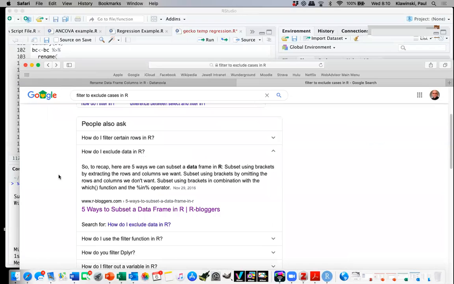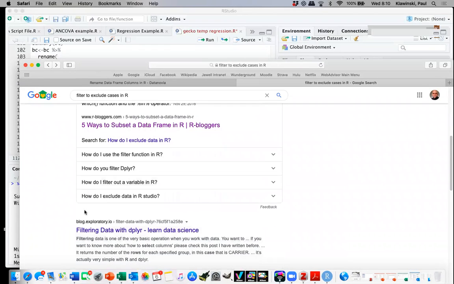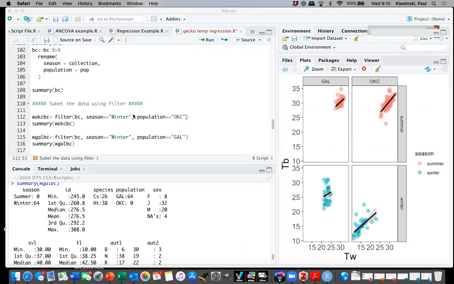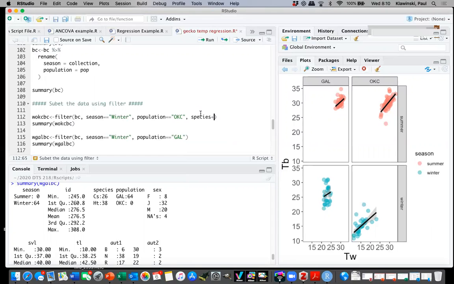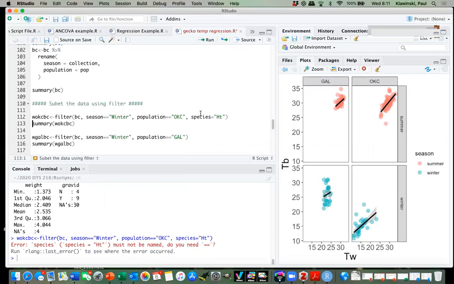Choosing subsetting. Oh, I know how to do this. Never mind. The easy way to do this is going to be, we only want Hemidactylus turcicus.